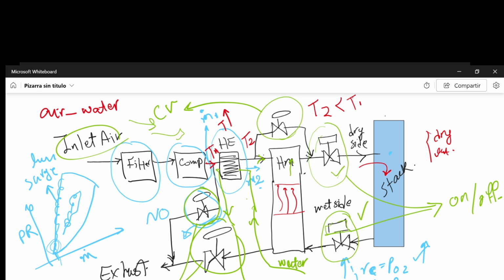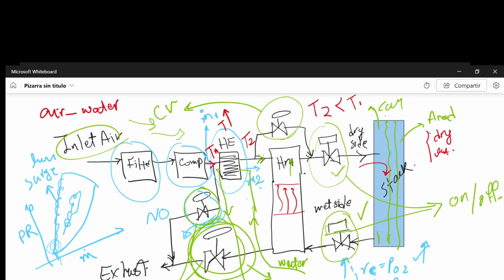The last component that we're going to discuss is the control valve, which is very important to control the pressure at the cathode. By closing or opening these valves, we control the desired stack pressure, and also balance the anode side and cathode side pressure. If we assume that this is the stack, this is the anode side, for example, and this is the cathode side.